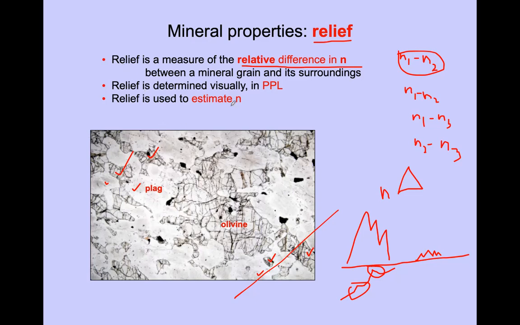This relief is determined by relative differences in refractive index. Actually, you have to note that this relative difference is not between the minerals. For example, this is plagioclase and this is olivine, but the high relief seen in olivine is not a matter of the difference between plagioclase and olivine, right?